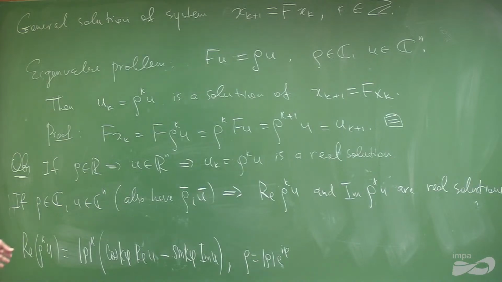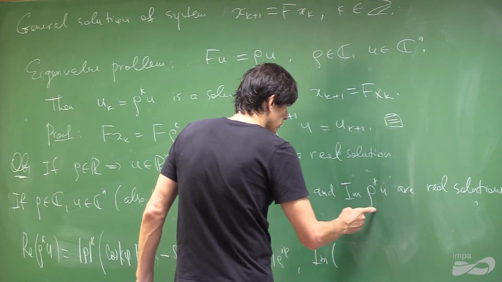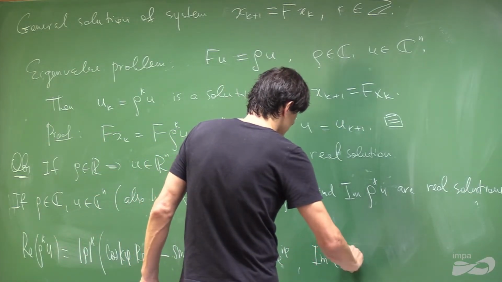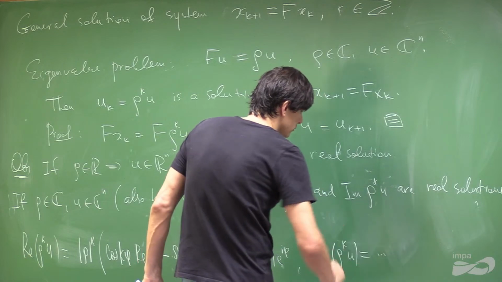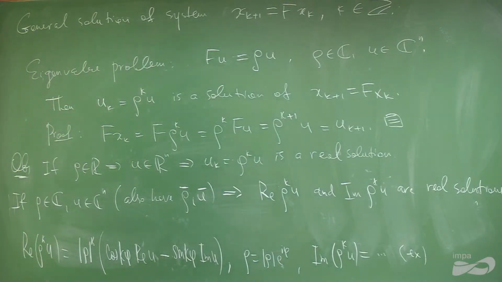So then you just directly find the solution. And also you can write the imaginary part in a similar form. So this is a very simple exercise for you to do.